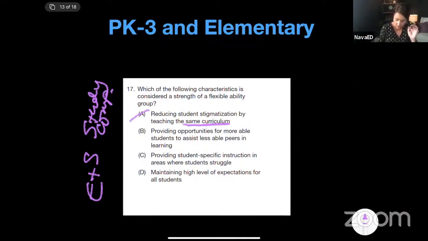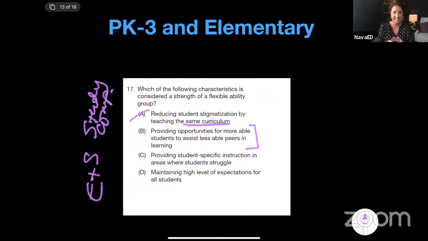B, providing opportunities for more able students to assist less able peers in learning. All right. A lot of people like to pick this answer here because of that peer assist, but be careful with peer assists, because if students are struggling, the kids should not be in charge of helping them. It's really your job as a teacher.